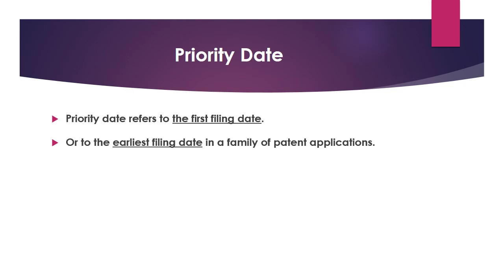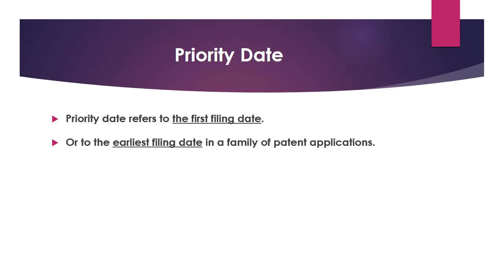Suppose you are filing 7-8 applications, one in the US, one in Europe, one in Japan, in China, in India. Your priority date will be the date of your first filing, your earliest filing. Suppose you filed your first patent in India in September 2021, and next you are filing in December 2021. Your priority date will be September 2021, the date of your first filing in the family of patent applications.